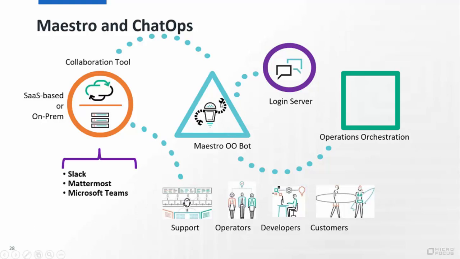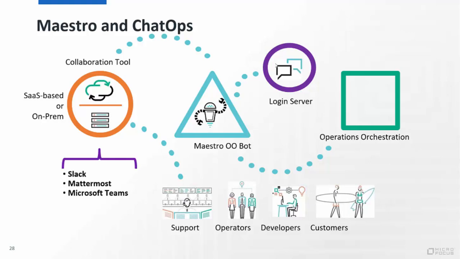When you are talking with the Maestro OO Bot, you will also collaborate with the login server that we have in place, and I will show you during the demo. The login server is responsible for passing OO credentials to the bot, and the bot will actually pass those credentials to OO itself.